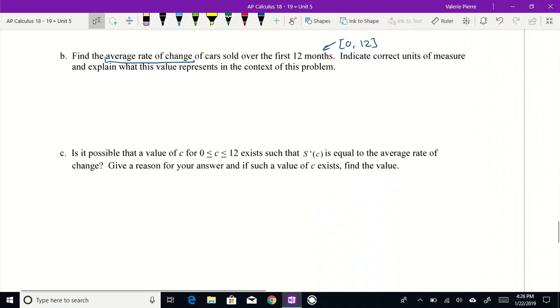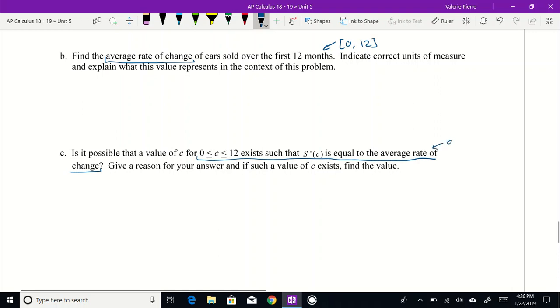Part C is asking, is it possible that a value of C for the interval 0 to 12 exists such that the derivative of C is equal to the average rate of change? So here we have an interval, and we're being asked if the derivative at a value is equal to the average rate of change.